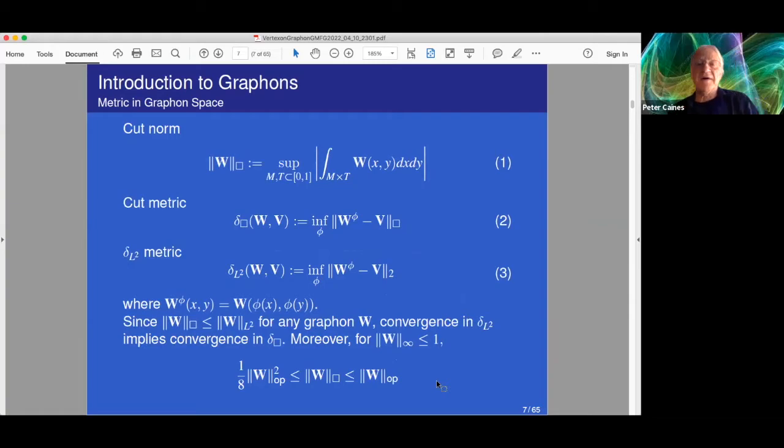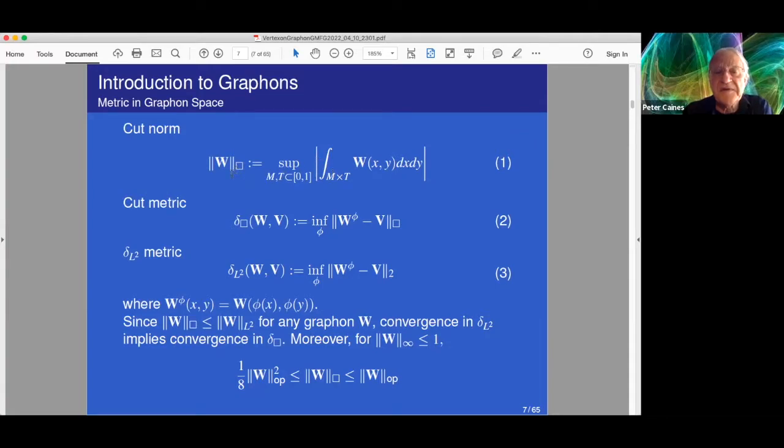Okay, now a cut norm is defined in the following way: we take our weighting matrix W, which we can actually call a graphon at this point by its definition, and then we take the supremum over the subsets S and T, the X and Y axis. And notice that if W is positive, of course, you just simply take in all the elements, but if W has got negative entries, or if you've done a subtraction, then this supremum is a non-trivial action.